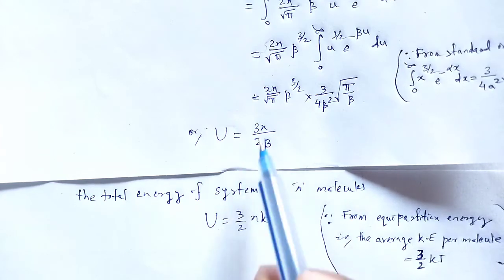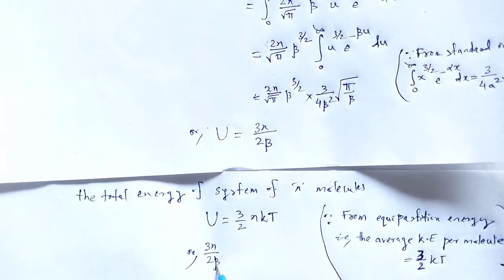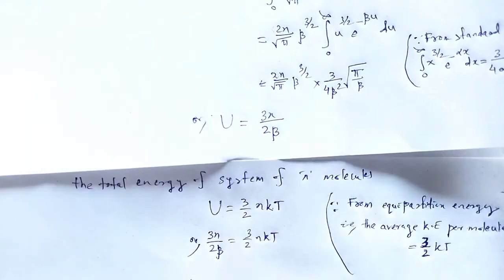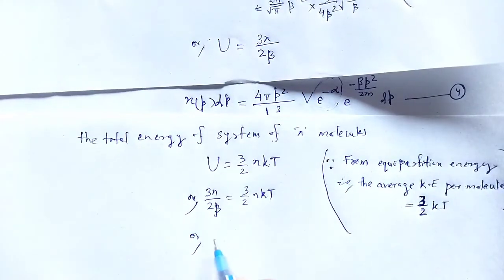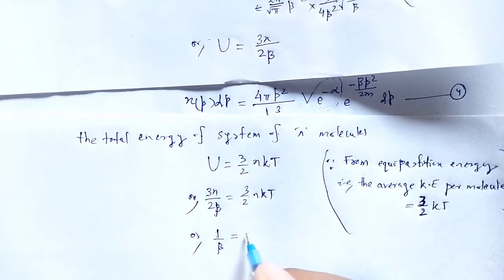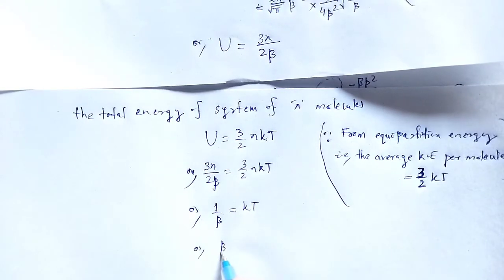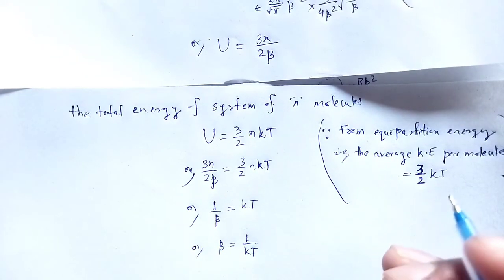Here we get u is equal to 3n by 2 beta, which equals 3 by 2 n kT, or 1 by beta will be, the 3 by 2 cancels out, n cancels out, 1 by beta is equal to kT, or beta is equal to 1 by kT. That is the constant value, beta is equal to 1 by kT.